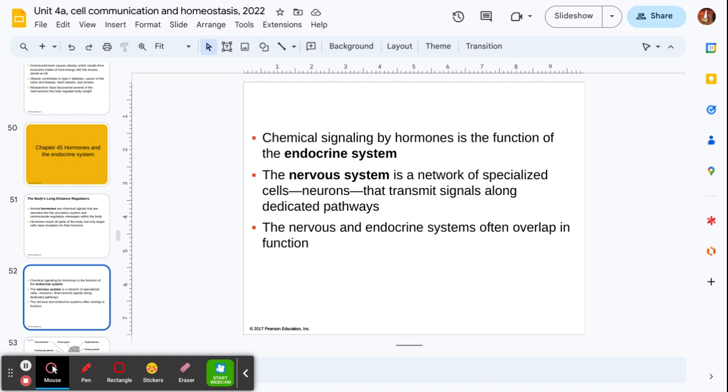So the rest of the body gets communication from the nervous system. Between the nervous system and the endocrine system, that's basically how our body controls all of the functioning going on in our body, and all of the homeostasis set points are maintained in conjunction with the nervous system and with the endocrine system.